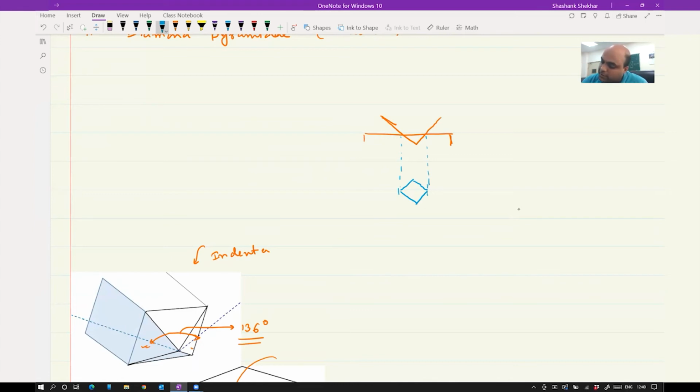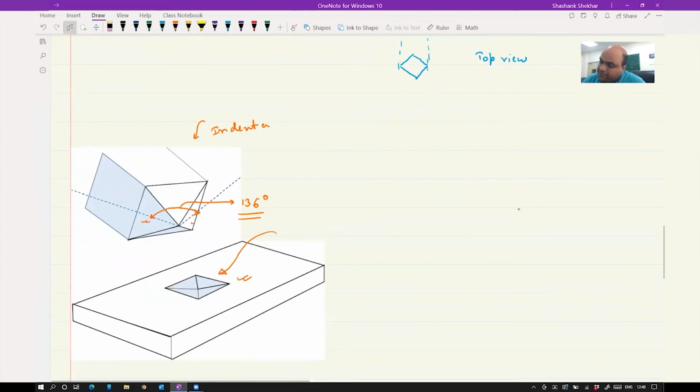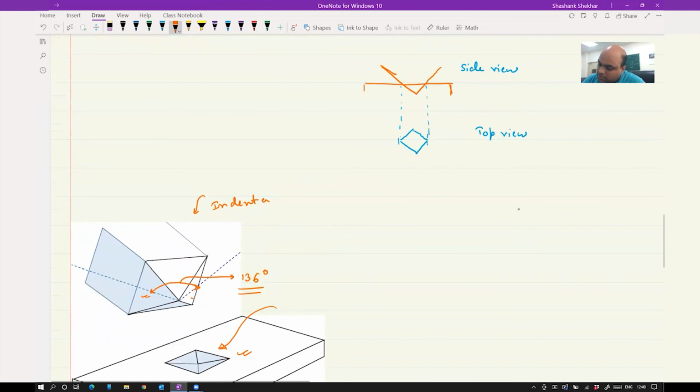So this is your side view and this is your top view. So finally you are going to get an indent impression which will be this from top view. So you polish the sample and then go to your indenter.